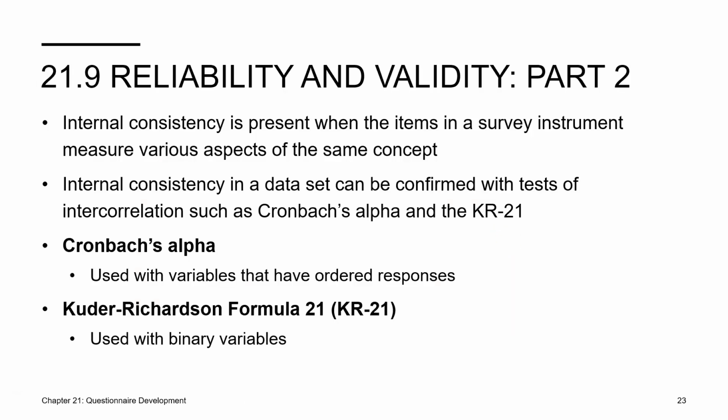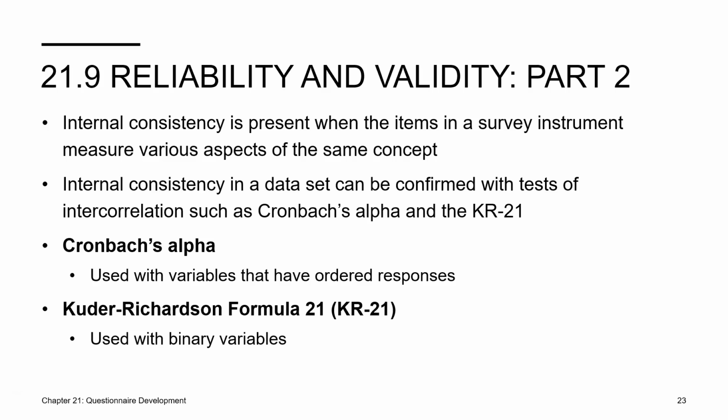Internal consistency is present when the items in a survey instrument measure various aspects of the same concept. Internal consistency can be measured using a Cronbach's alpha or a KR21. A Cronbach's alpha is typically what I use when I'm trying to determine whether the questions are related.